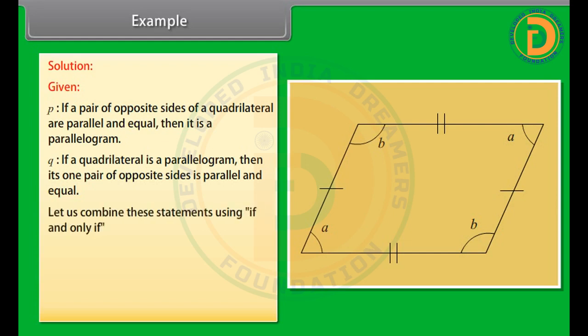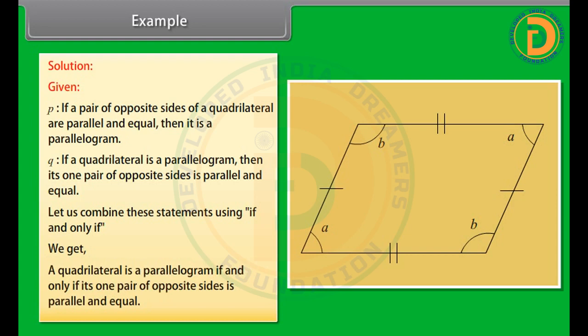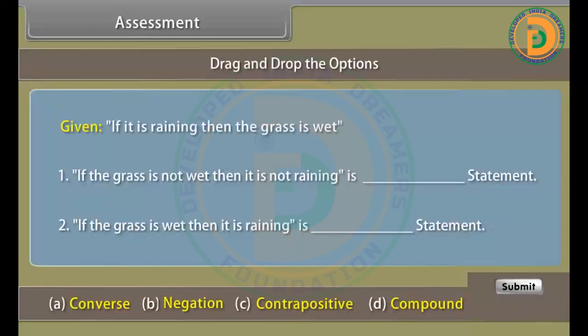Let us combine these statements using if and only if. We get: a quadrilateral is a parallelogram if and only if its one pair of opposite sides is parallel and equal. Assessment. Before proceeding further, let us know how much you have learned.